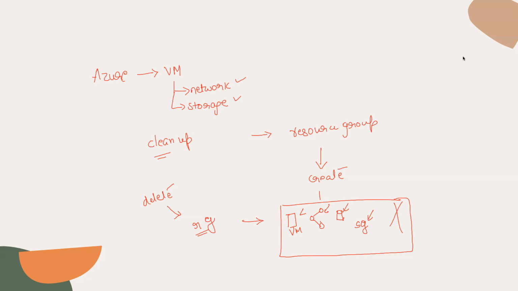Very well. Now that you know this information, how will you answer this particular question in the interview? This is how you can present this answer. In Azure, when we create any components, we can put them inside a resource group. Basically, it's a basket of all the resources that we have created as a part of a project or as a part of an application.